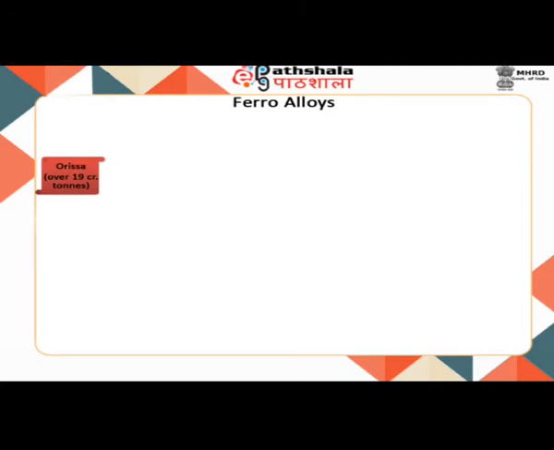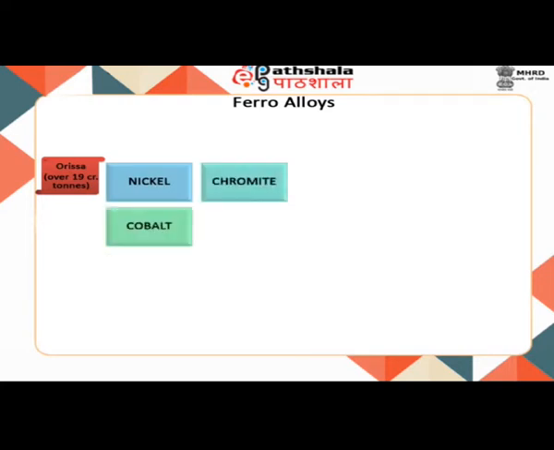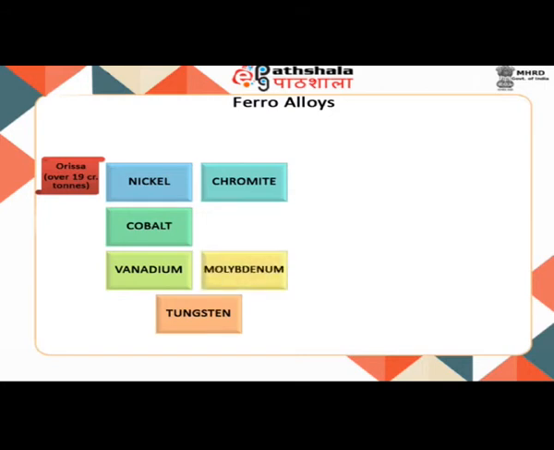Ferro alloys or metals used with iron to make steel include nickel, chromite, cobalt, tungsten, vanadium, molybdenum, and manganese. Only manganese and chromite are in abundance, with total reserves of 59.2 crore tons for both.